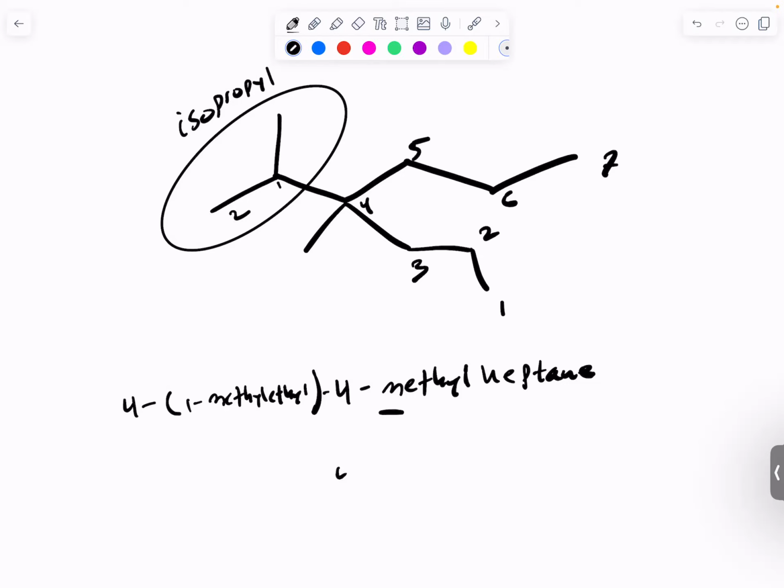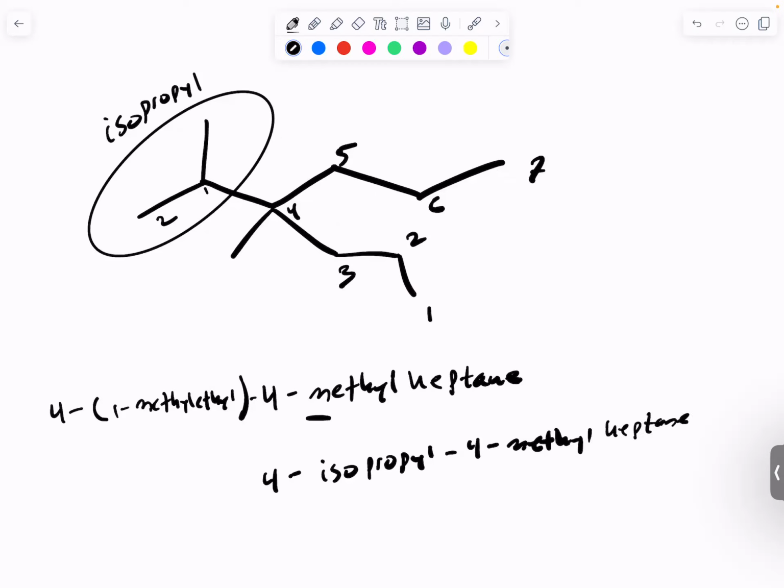So you could do 4 dash isopropyl, because sometimes you don't want to get caught in the weeds of 4 dash parentheses 1 dash, oh gosh, methyl ethyl, which one comes first? That can be a lot. So in this case, a good answer would be 4 dash isopropyl dash 4 dash methyl heptane.